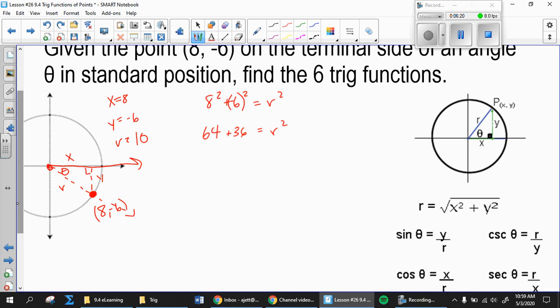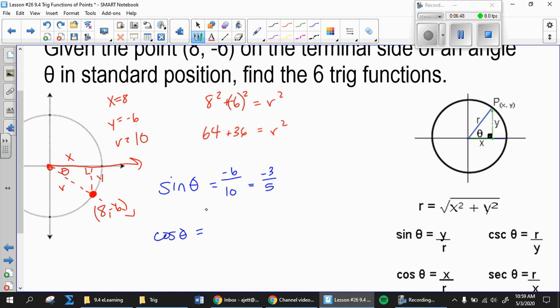Okay, and so now we're using those points to find our sine, cosine, tangent. So sine of theta is always y over r. So in this case, we're going to get negative 6 over 10, which simplifies down for us to negative 3/5. Notice now my sine is a negative answer.